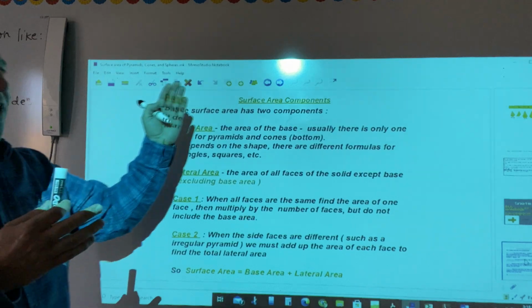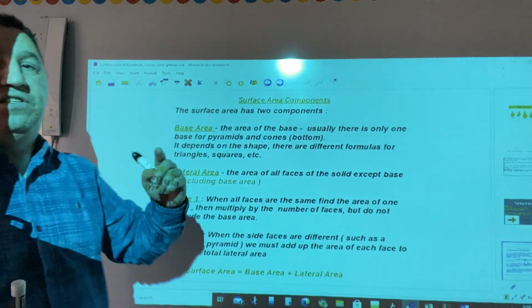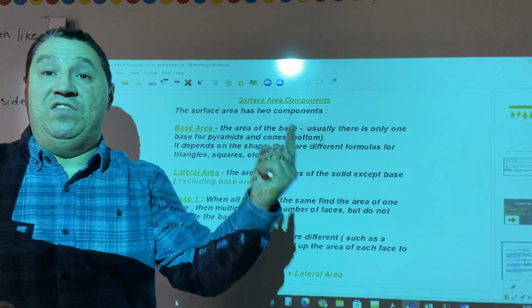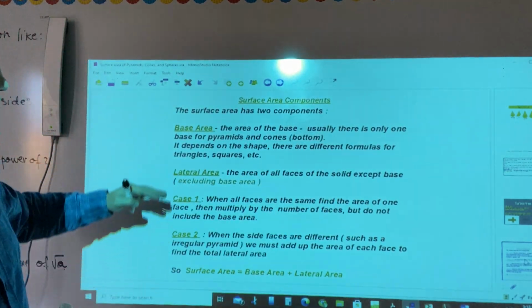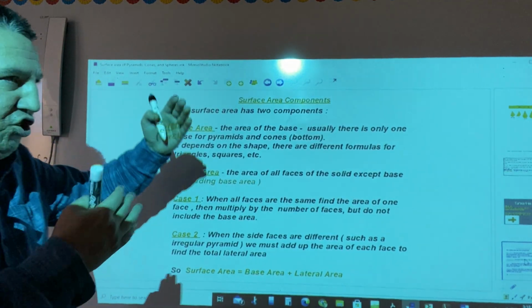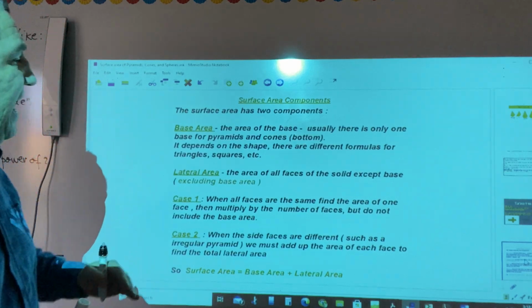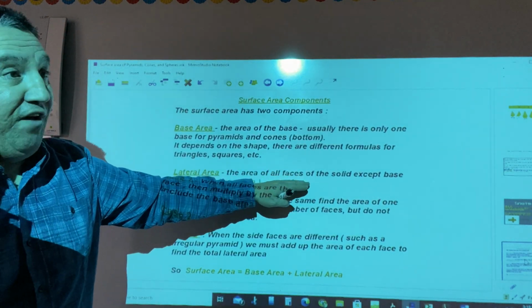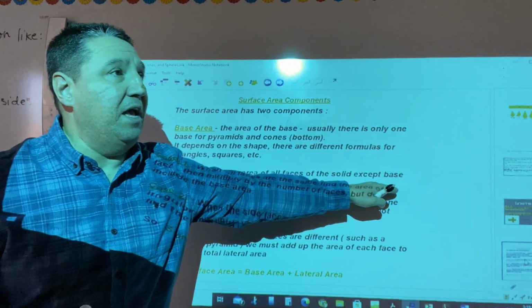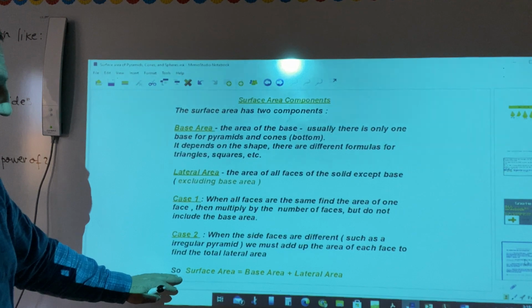Again, surface area has two components: base area, which is the area of the base, or the area of the bottom, and we have different formulas for the area of the base for different shapes. And lateral area, which is the area of all faces of the solid except the base.